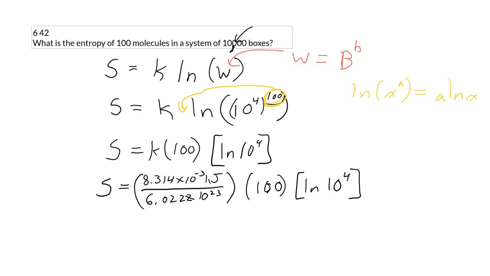So I'm grabbing my calculator. I'm going to resolve the terms on the outside first. I've got 8.314 exponent negative 3 divided by 6.022 exponent 23.